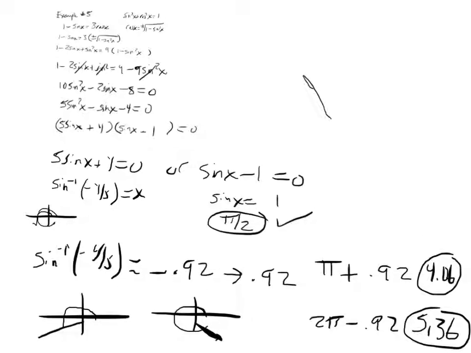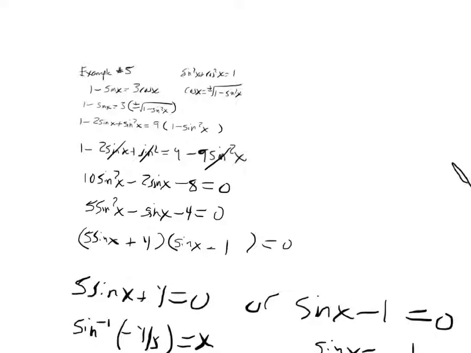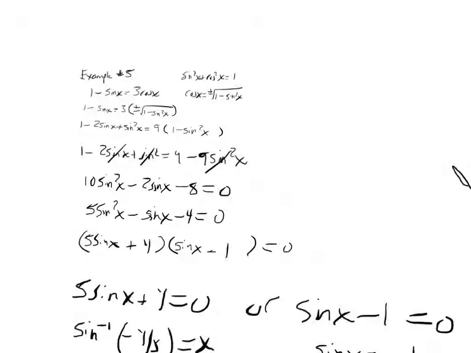So let's go back up and look at our original equation for a third quadrant angle. In the third quadrant, the sine is negative and the cosine is also negative. In 1 minus sine x equals 3 cosine x, sine is negative, and 1 minus a negative number is a positive number.